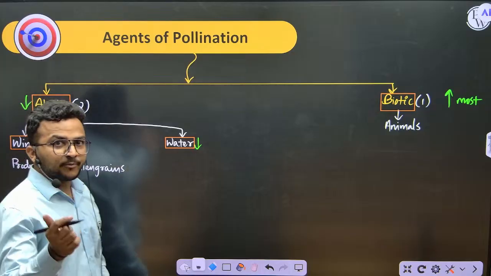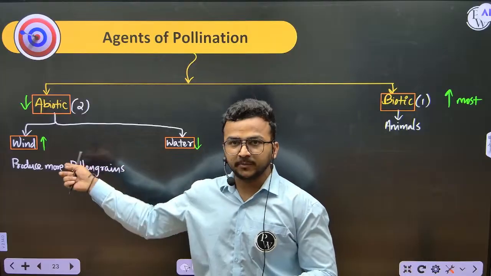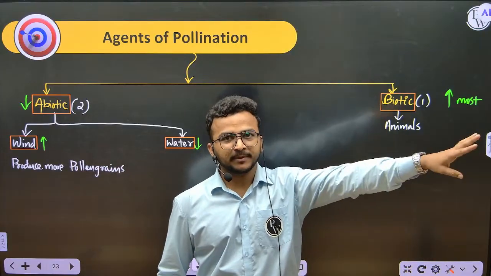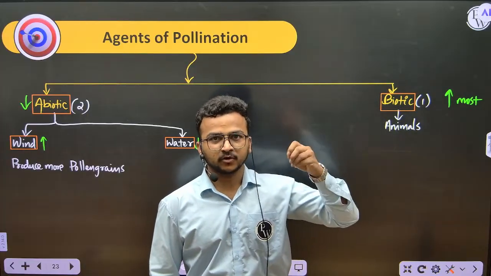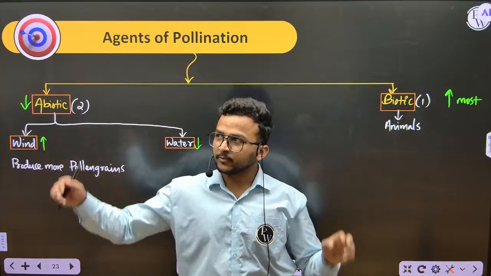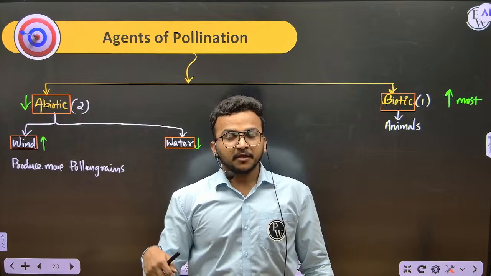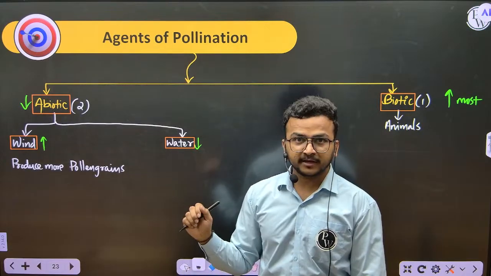They will produce more pollen grains because the chance of getting pollinated is very low in the case of wind. Think that somewhere one wheat plant is growing, not in a crop, but isolated, and another wheat plant is 2 kilometers away. The wind has to carry the pollen grains there.